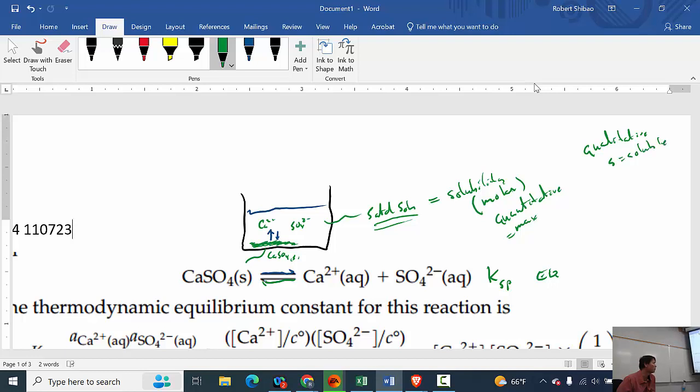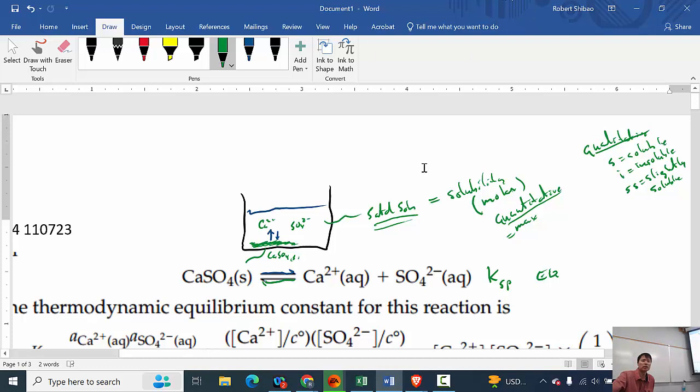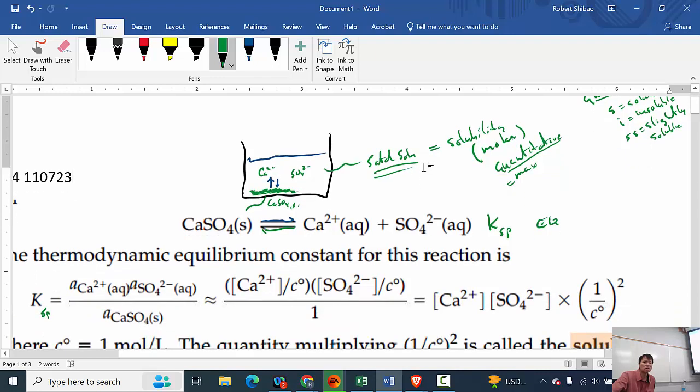It's greater than 0.1 moles. I equals insoluble. That's about less than 0.1 moles. And then SS, which we call slightly soluble, which is around 0.1 mole per liter. In this chapter, we're looking at the quantitative, not the qualitative here. Solubility. So we're going to spend some time looking at how much. I don't want to know if it's insoluble or soluble. I want to know how much. That's the difference here.